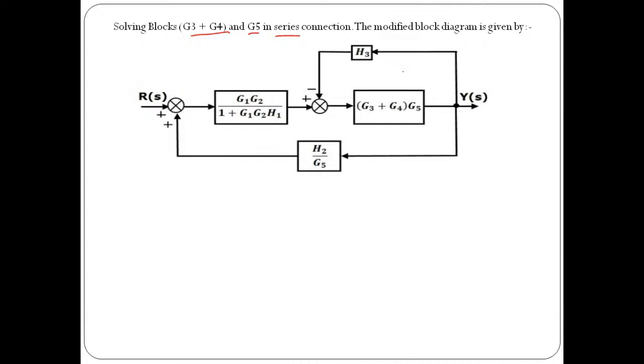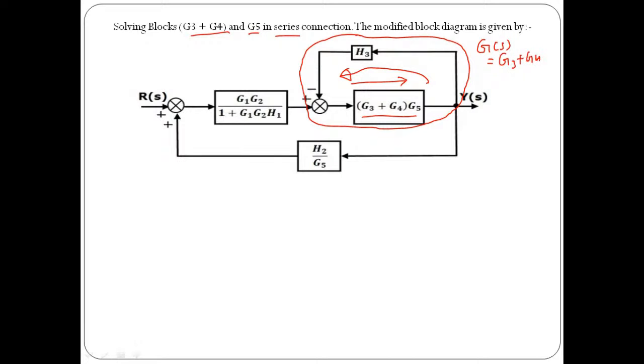So here we have clubbed them and found their resultant, that is the series combination: G3 plus G4 multiplied by G5. Now if you observe this particular portion, we can apply elimination of feedback path, because this is the forward path and this will be the feedback path. So we can easily apply elimination of feedback loop over here. In this case, G of S is going to be G3 plus G4 multiplied by G5, and H of S is going to be H3.